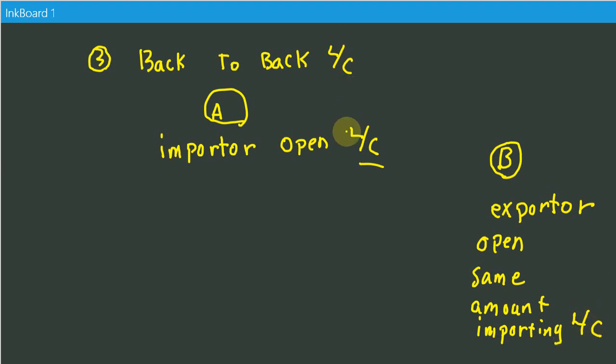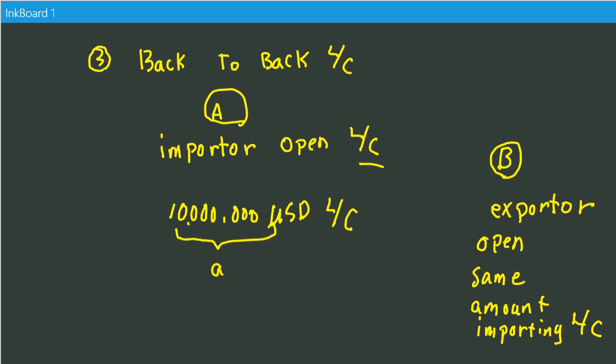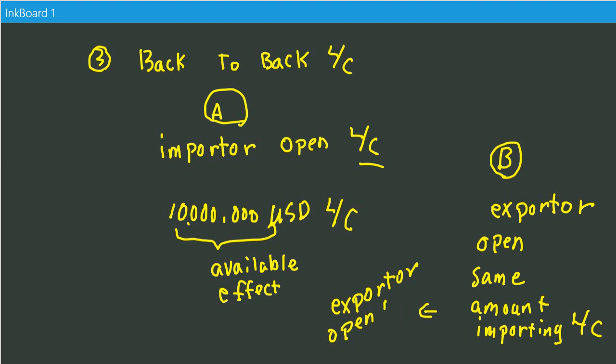Okay, for example, the import open LC for 1 million USD importing LC, but this LC is available, effective only when export also open LC as much as 1 million.